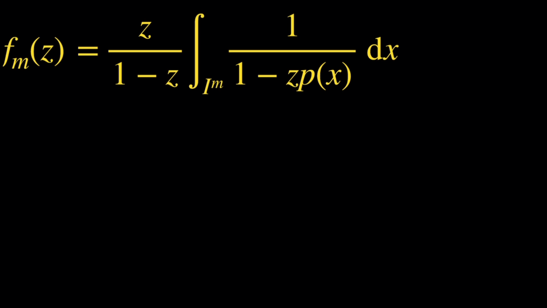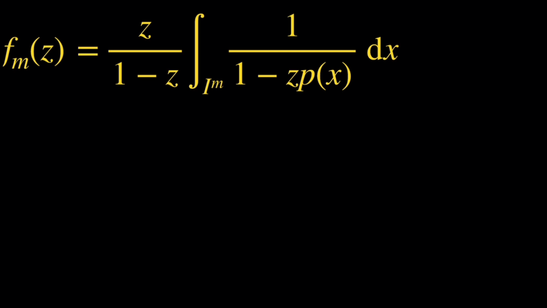Now we want to expand this into a power series with respect to z, of course. In order to do that, we have to make sure that the product z times p of x is actually less than 1 in modulus. And this is the case because x is inside the I^m cube, and we know that each x_i is going to be less than 1.